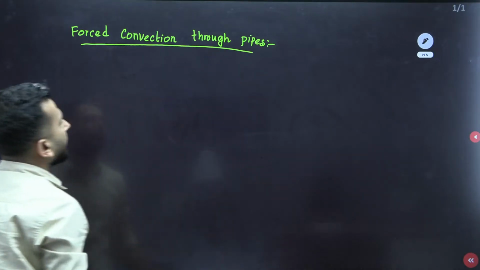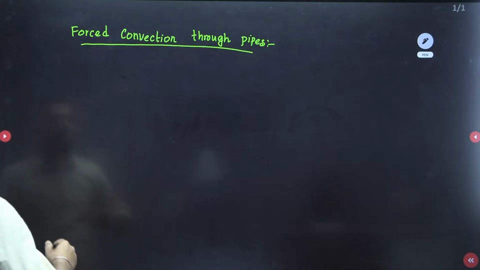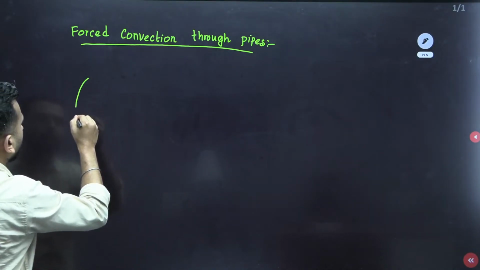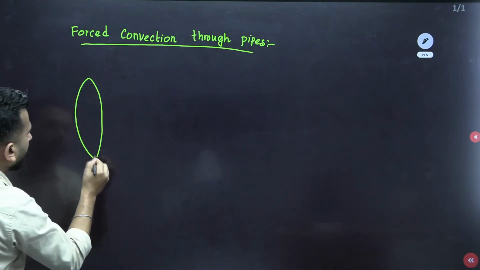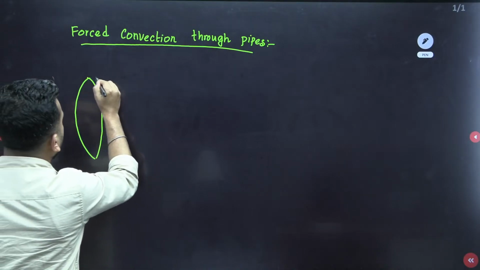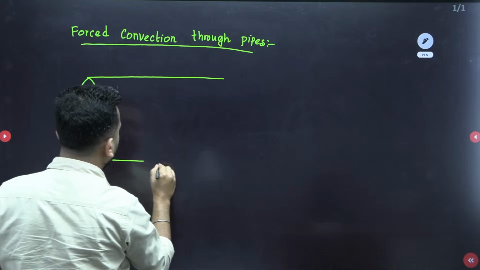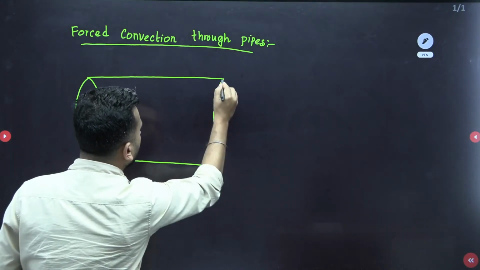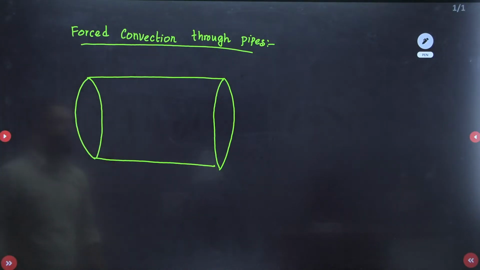Now my dear friends, I will try to explain what phenomenon is actually happening. Pipe means hollow cylinder, then only something will flow. So imagine that this is a pipe of length L, diameter D.